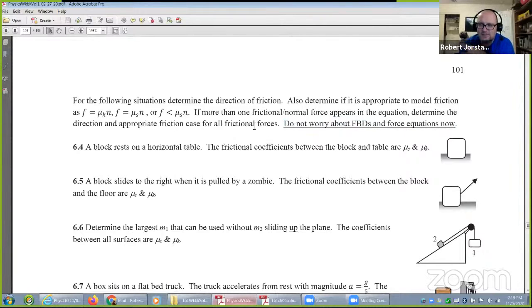The idea with this page is to give you rapid fire practice in determining which of these friction equations applies and what is the direction of friction. Also, if there's more than one, figure out the appropriate direction for all these cases.